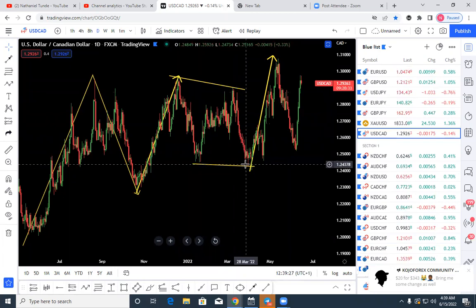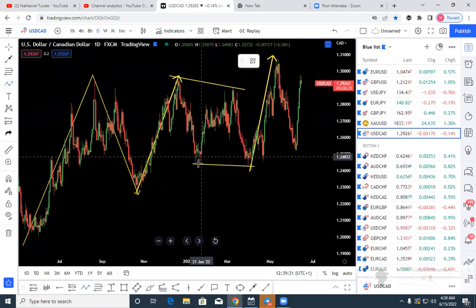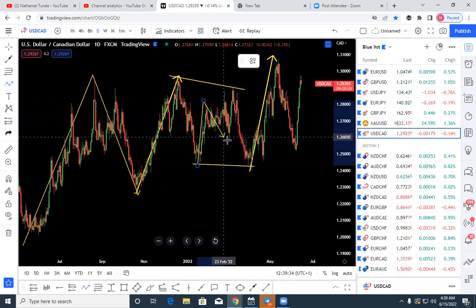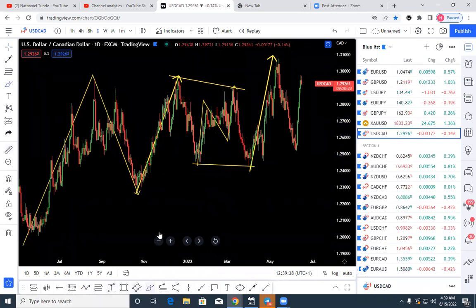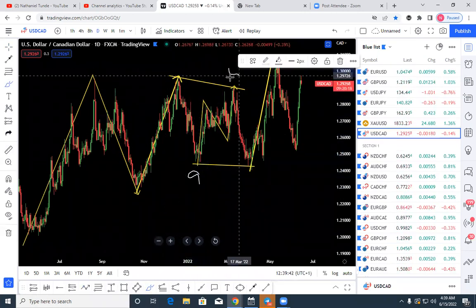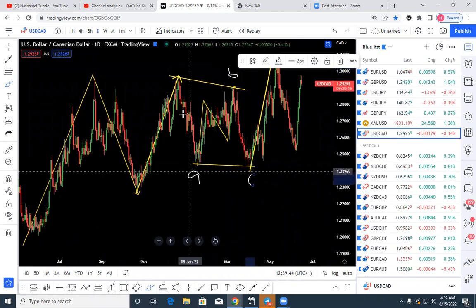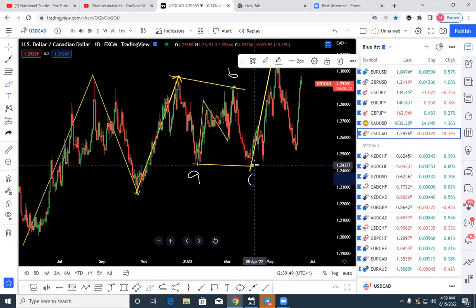Does it look strong like them? No, because this one has formed a three-wave structure, 1, 2, and 3. So this is wave A, this is wave B, and this is wave C. A is always impulsive, B corrective, C impulsive.